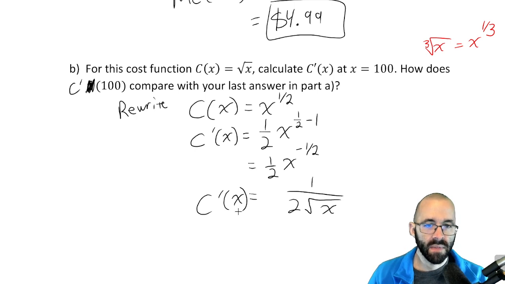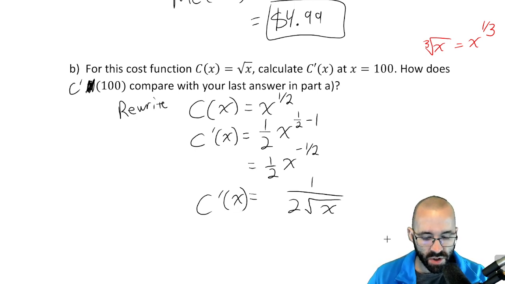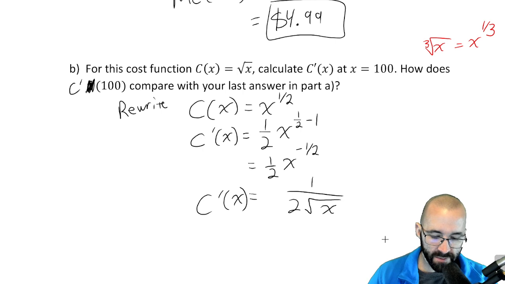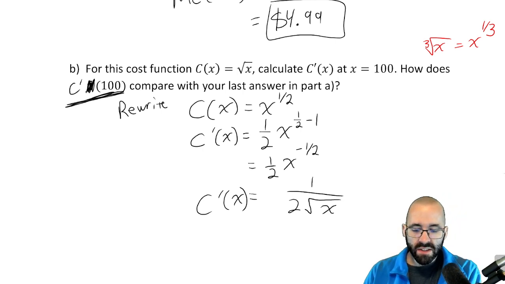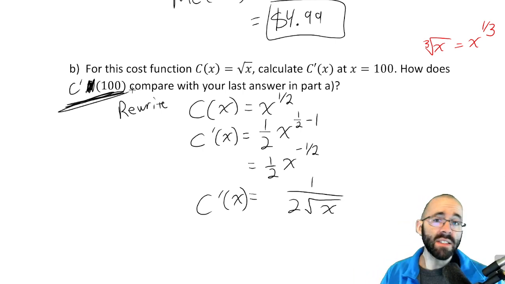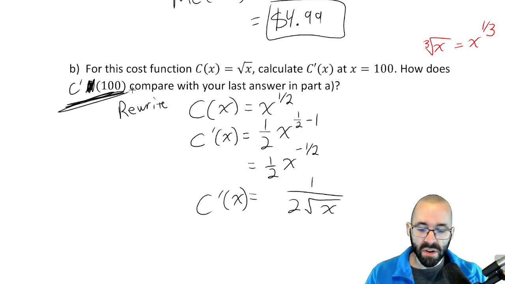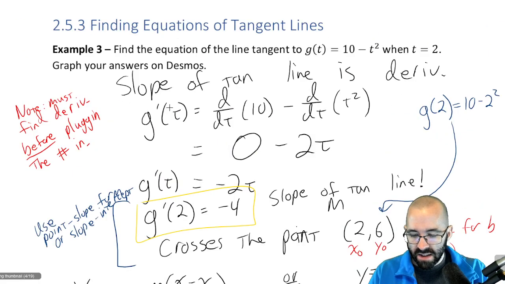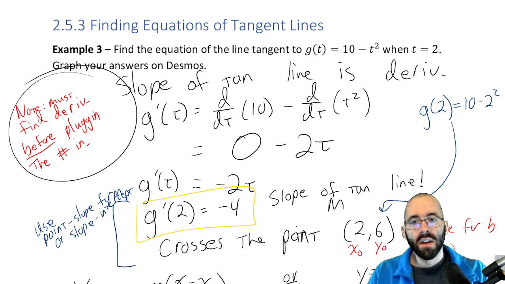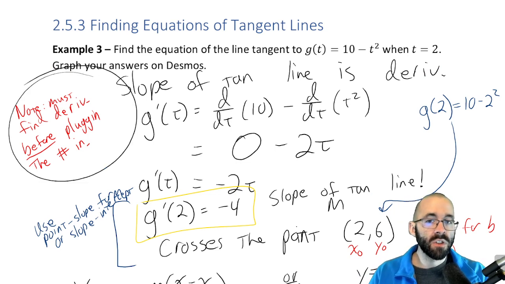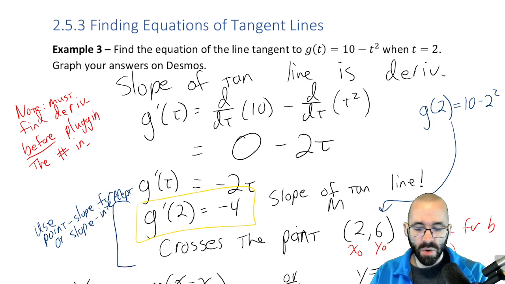Okay? You do that out in steps, you should get to the same place as I did. Now it wants us to find C prime of 100. Now remember I said if we want to find the derivative at any place, we have to find the derivative function first. Must find the derivative function first and then plug in the number. The order is important.